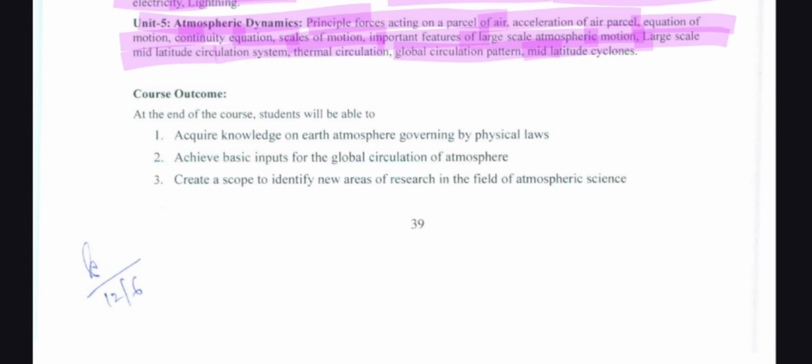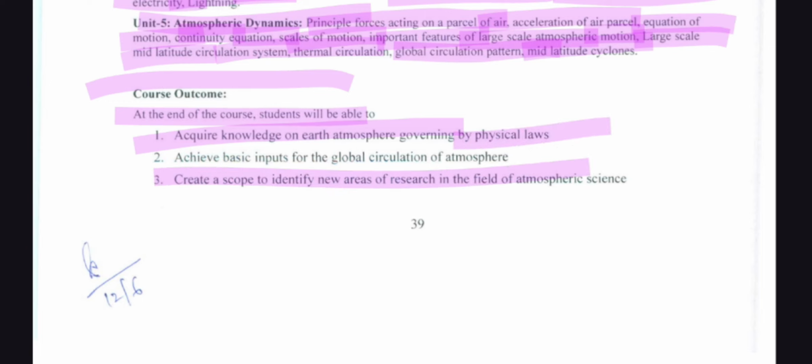So you see this course outcome: at the end of the course, a student will be able to acquire knowledge of the Earth's atmosphere governed by physical laws. So this is it, read this.